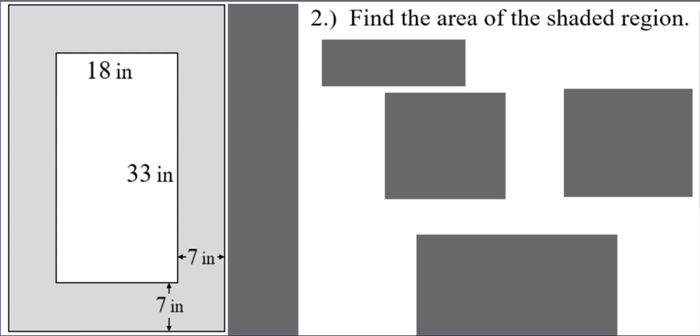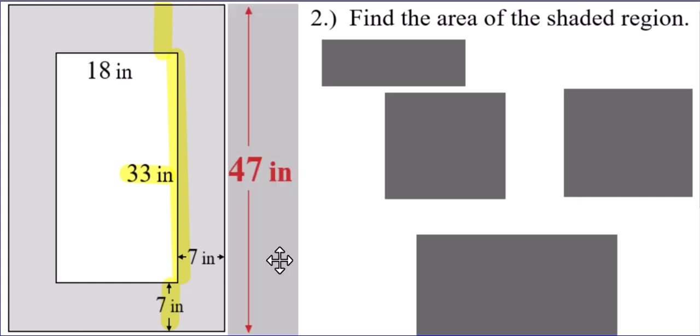So if it is 7 here and 7 here, and we know it is 33 inches long or tall here, then we should add 7 and 7, which is 14, plus 33, would give you, oh, wait for it, 47 inches. Now, again, if you're like, wait, Underkoffler, what did you just do? 7 inches tall here, 7 inches tall up there, 7 and 7 is 14, 14 plus 33 is 47.